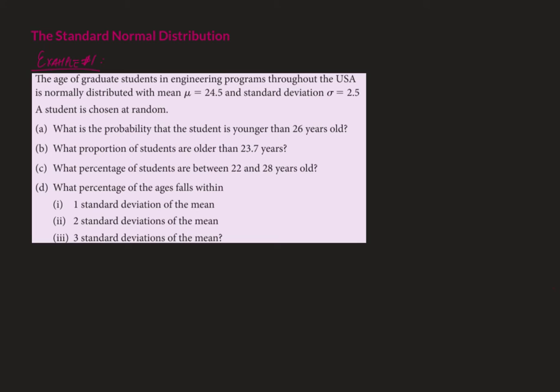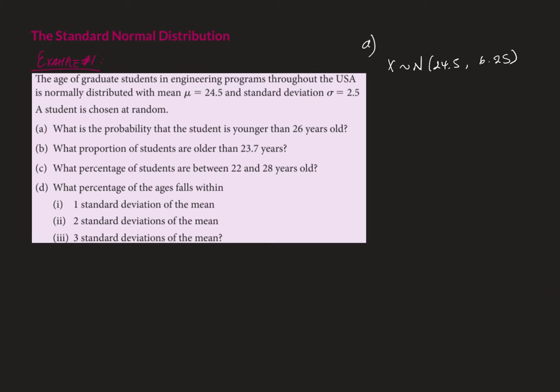In this case, we are working with a variable x that is normally distributed with mean 24.5 and standard deviation 2.5, meaning the variance is going to be 6.25. One way that we can solve this problem is by calculating directly using our GDCs the probability.